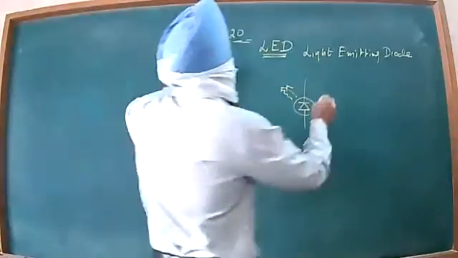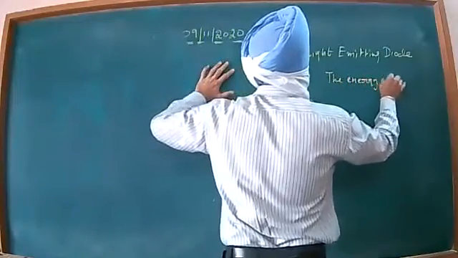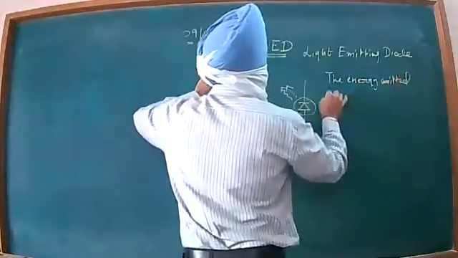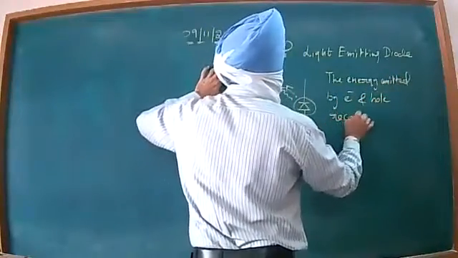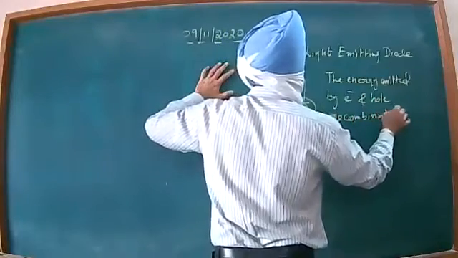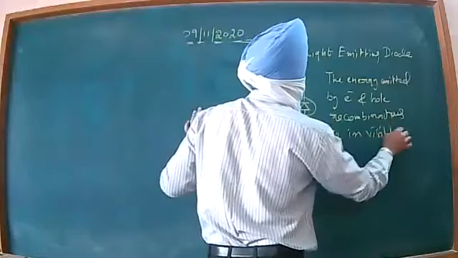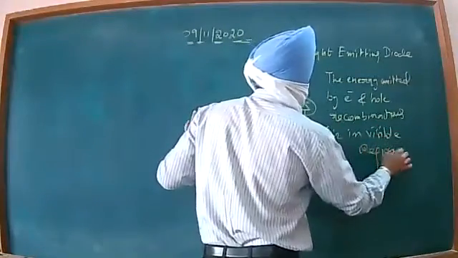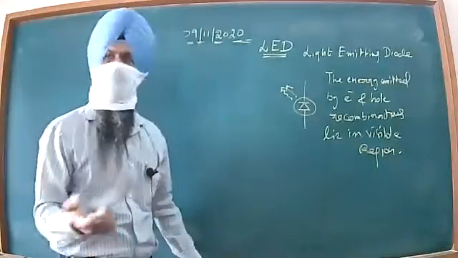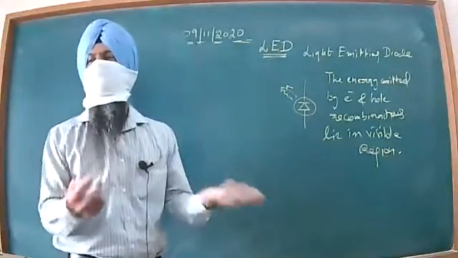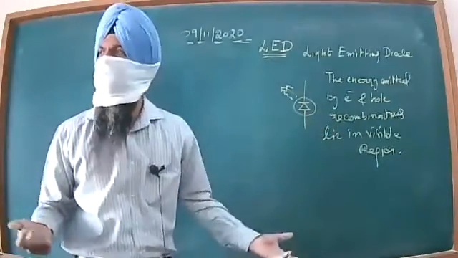So here in LED beta, the energy emitted by electron and hole recombinations lies in the visible region. If it is in the visible region, only then we will be able to see it. But in the case of an ordinary PN junction diode, it was in the infrared region. Infrared means that it is just in the form of heat.